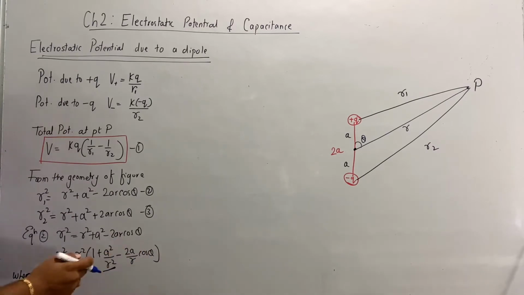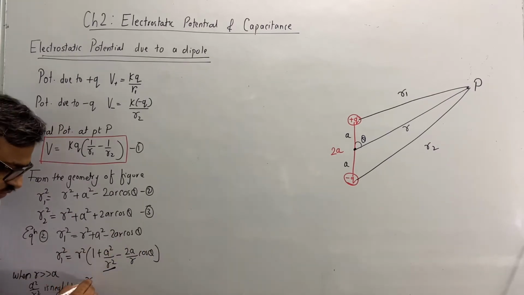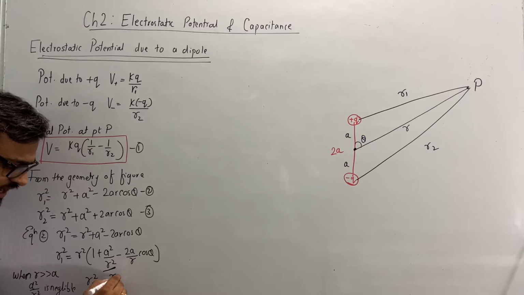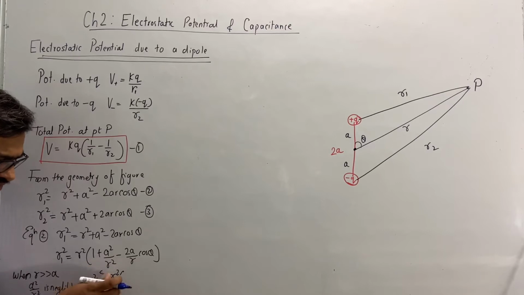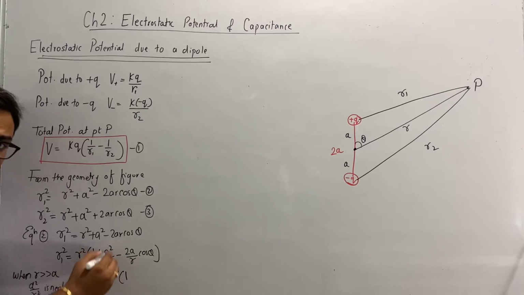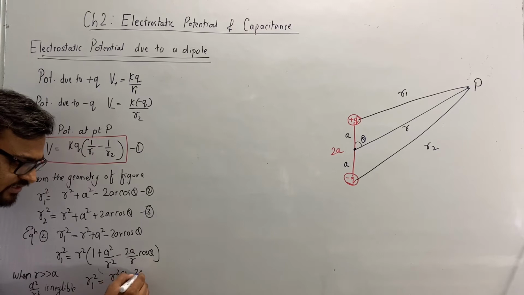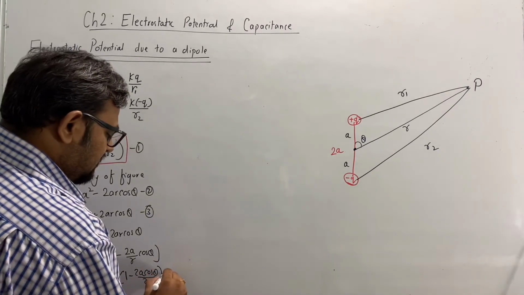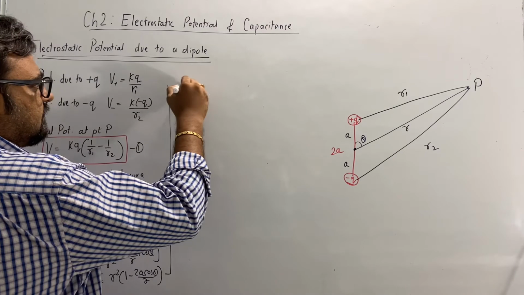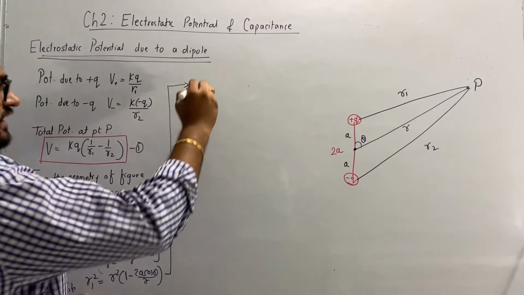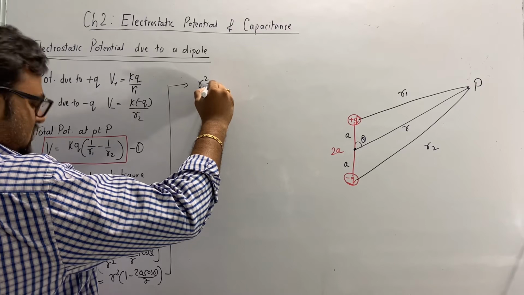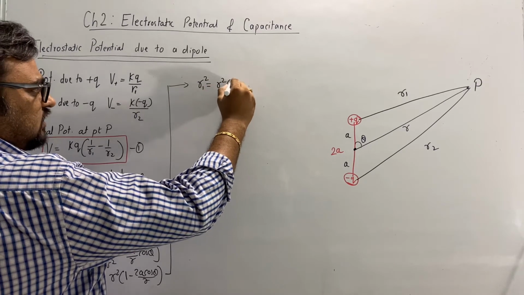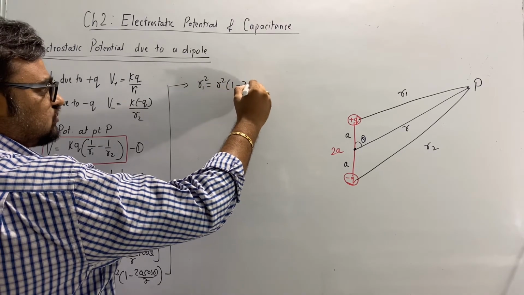So r1 square will be equal to r square, okay, let me erase this, into 1 minus 2a cos theta by r, a square by r square being negligible. Okay, I'm writing this equation, I'm carrying it forward here. So r1 square will be equal to r square into 1 minus 2a cos theta by r.